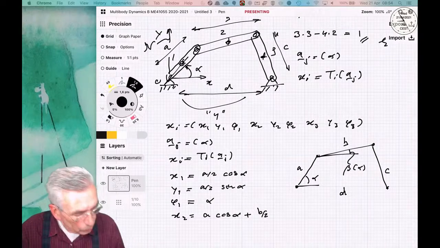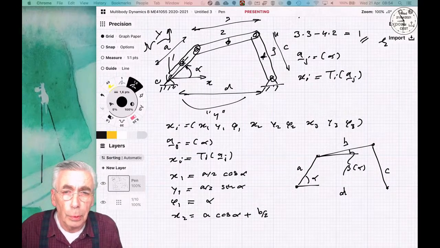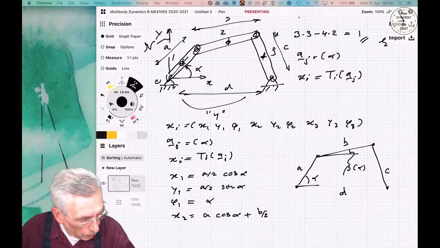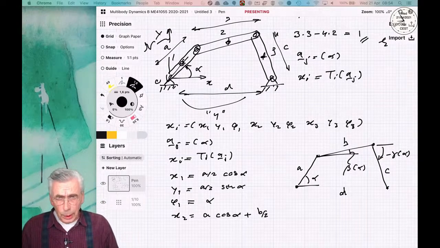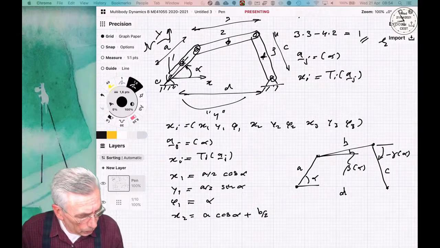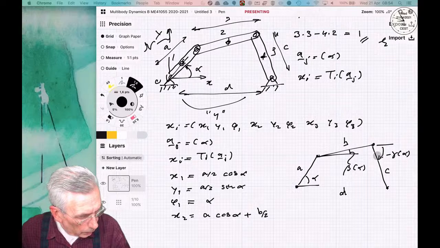But we know it's a function of alpha. And likewise of course for the next body, you could also say this is minus something, and this is also a function of the input angle alpha. So now we have to do some geometry, and the only thing we have is this distance and the lengths of the bars.